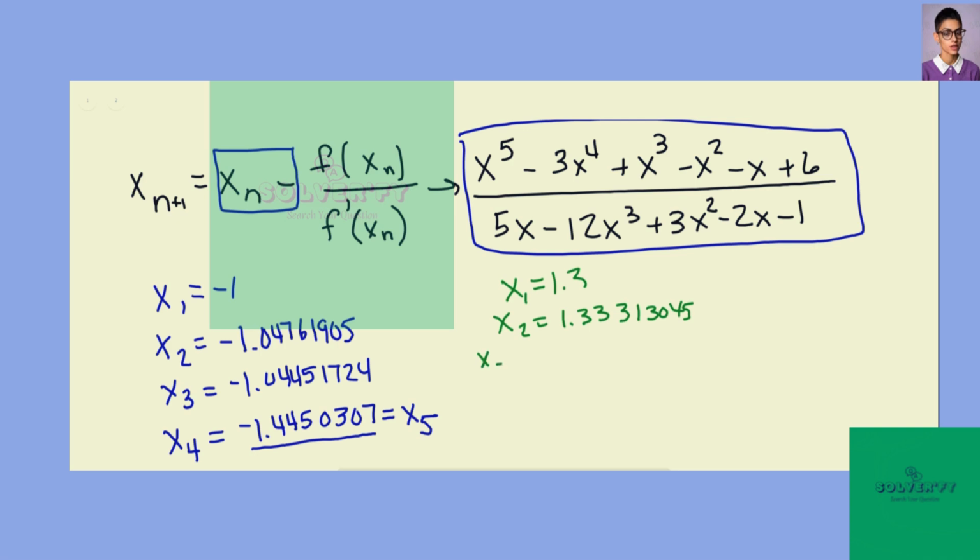Then x sub 3 becomes 1.33258. And I put that in and I get 1.33258316, which also equals x sub 5.